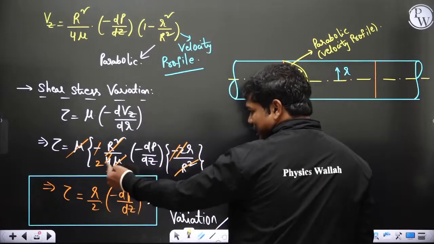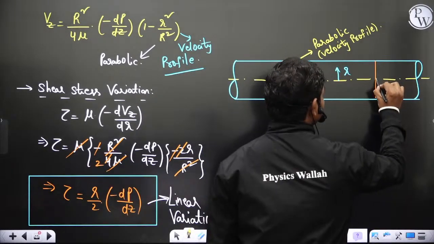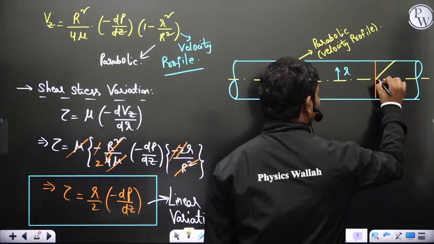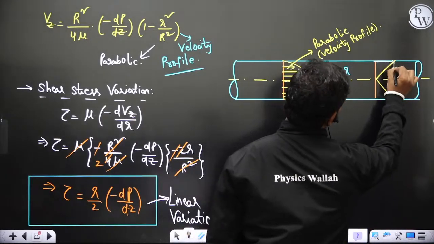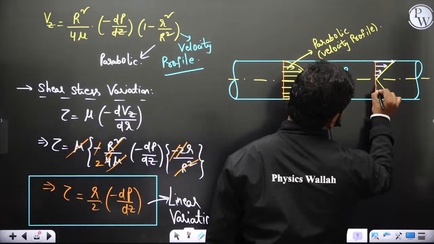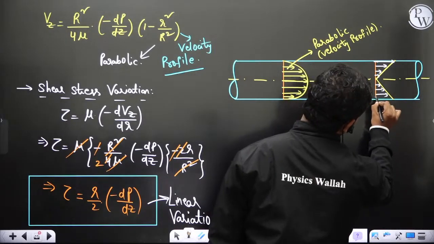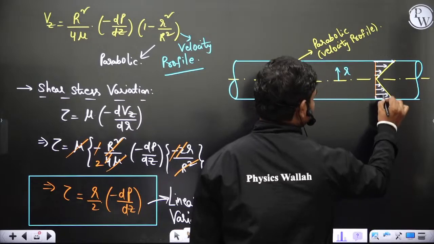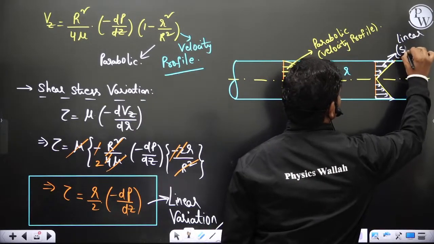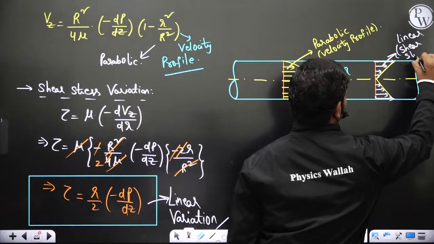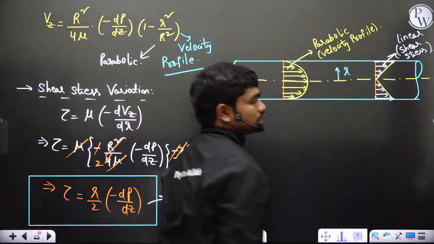So as radius increases, this tau should increase, and clearly the maximum shear stress is at the wall, undoubtedly, you know this. As you move toward the center, the shear stress will decrease because velocity gradients will decrease. So this is the linear shear stress profile.